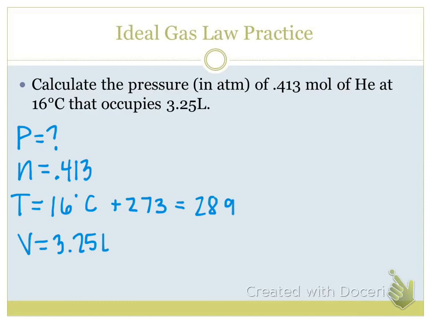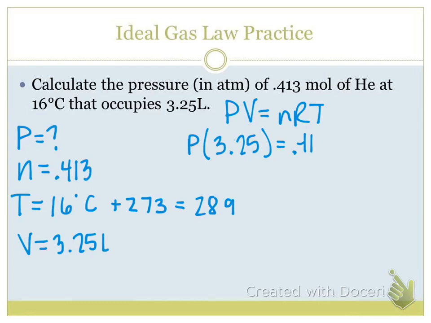So then I set up the ideal gas law. PV equals nRT. I'm solving for pressure, so I just leave that as a P. My volume is 3.25. N equals 0.413.